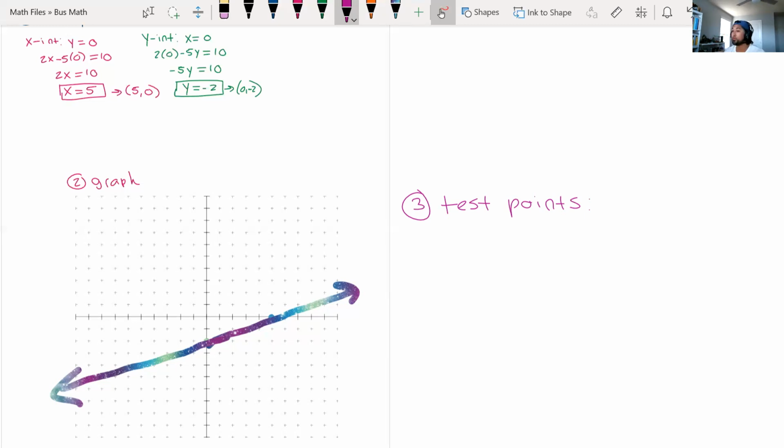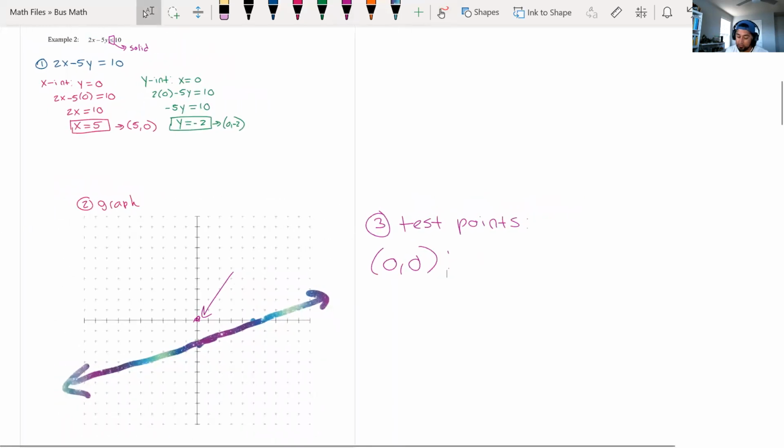And what looks like the easiest point to pick again? 0, 0. It's right there. Is that not above the line? There's our test point. Now plug it into the inequality that we were given above: 2x minus 5y less than or equal to 10.